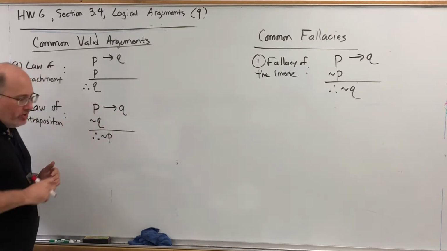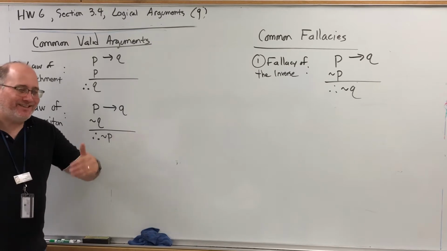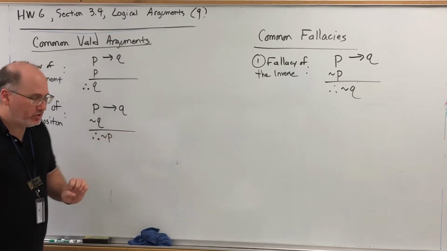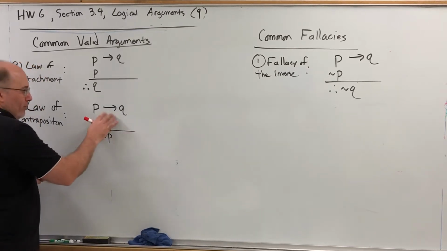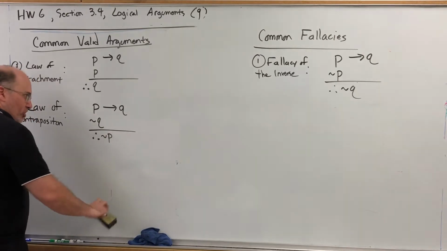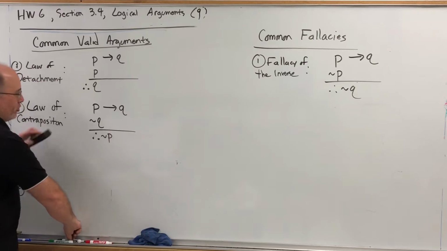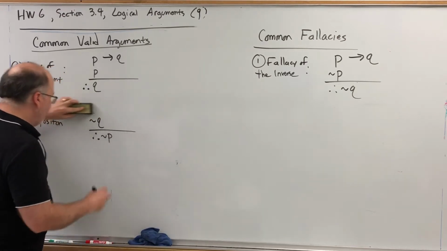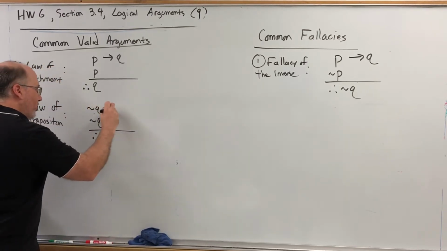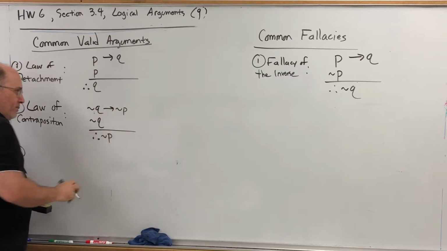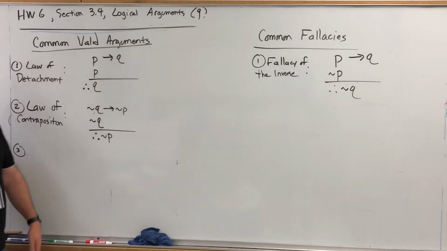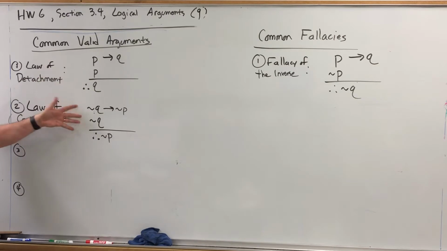You may also recall that a contrapositive is logically equivalent to a conditional, which means I can replace a conditional with its contrapositive. So if I switch the P and the Q and negate both of them, I get negation Q pointing to negation P. Now, why is that important? Because structurally, this is the law of detachment.